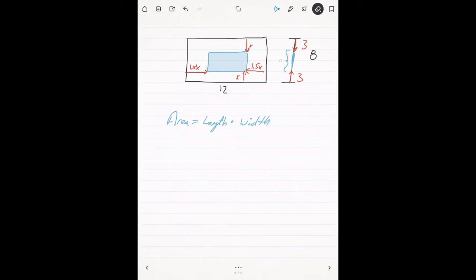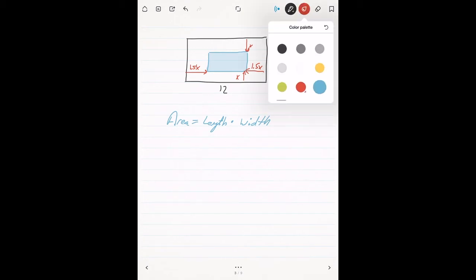Now let's say that the amount of space that was removed is unknown. Let's say it was x and x. Then how much is left over? Well, when you do things with variables, think about what you did with numbers. Let it guide you. We would say, well, we started with 8 feet.